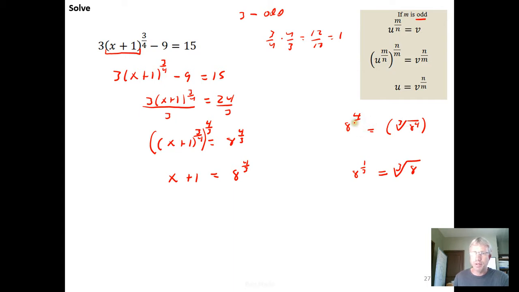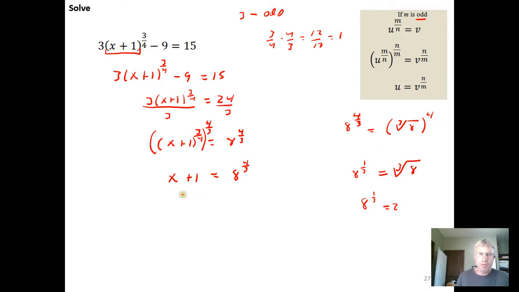In general, that's probably not the best way, because raising 8 to the 4th power gives a very large number. If you can, it's best to take the root first, in this case the cube root, which gives a small output. The cube root of 8 is 2 because 2 times 2 times 2 equals 8. Then take that smaller number and raise it to the power.